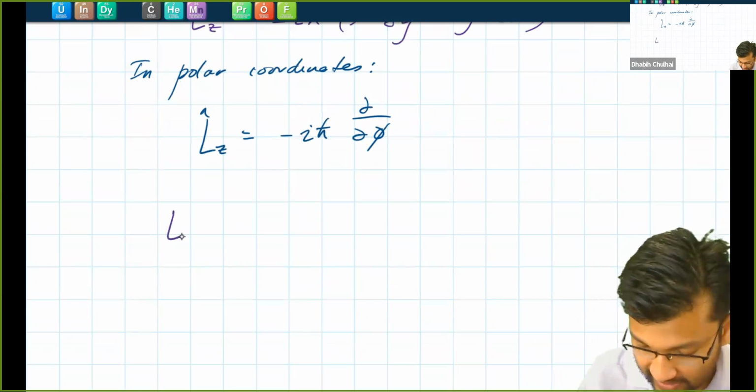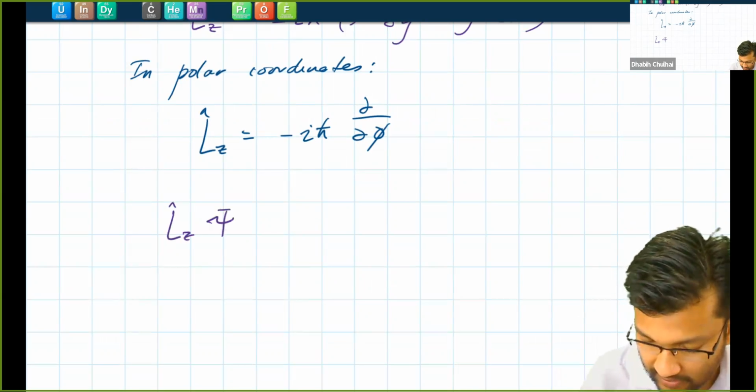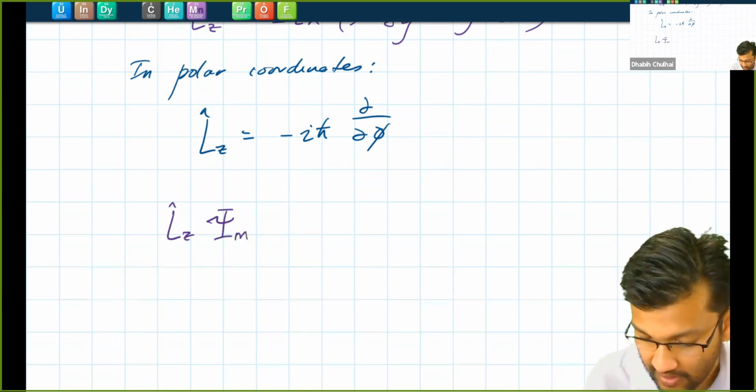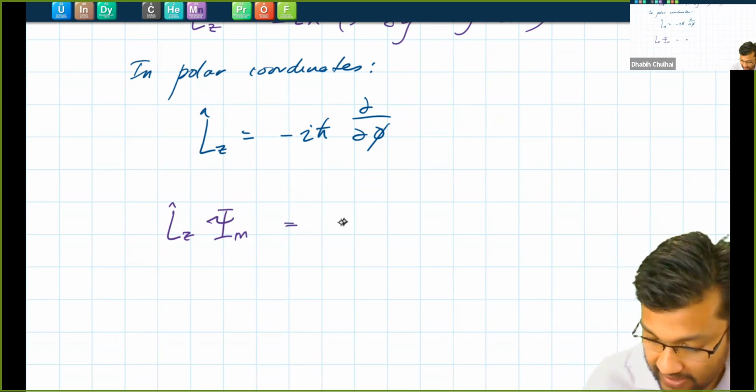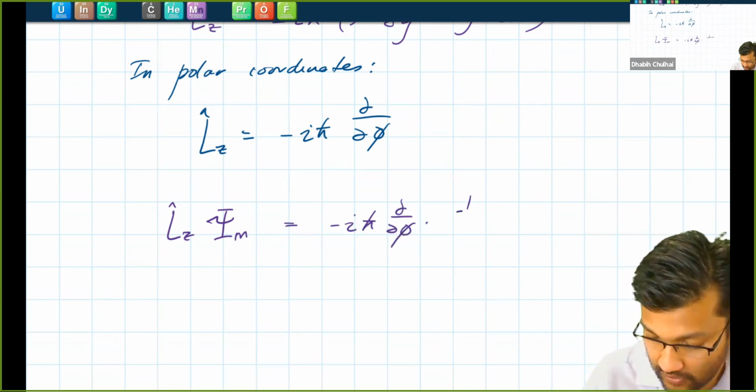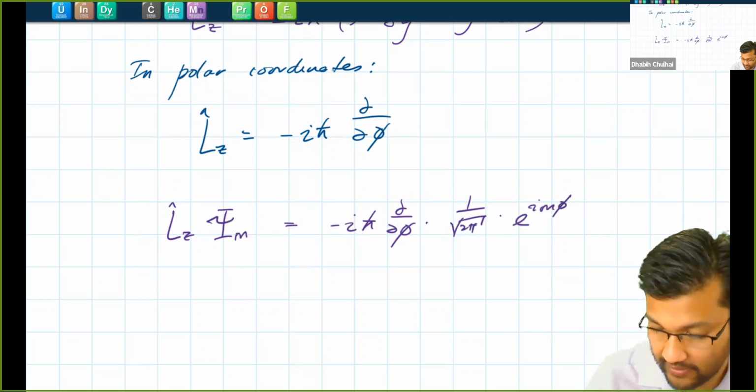We just take the angular momentum operator and operate it on our wave function. We'll put a little m there because the wave function depends on m. So that will be negative i h bar d d phi of 1 over square root of 2 pi, e to the i m phi.